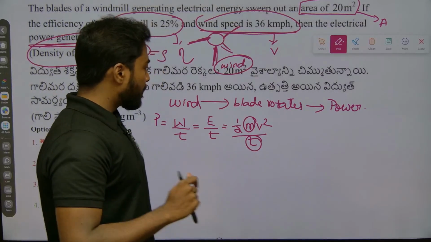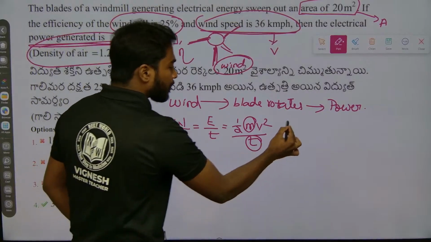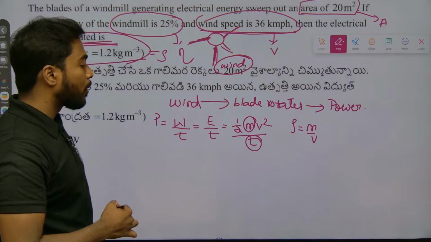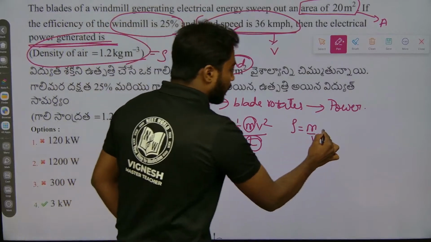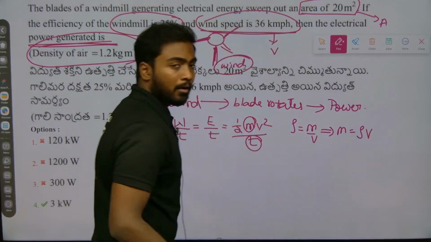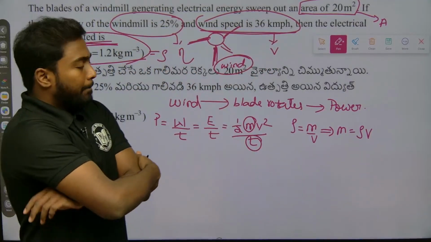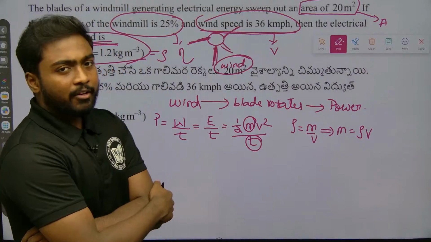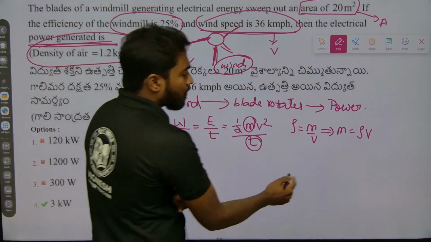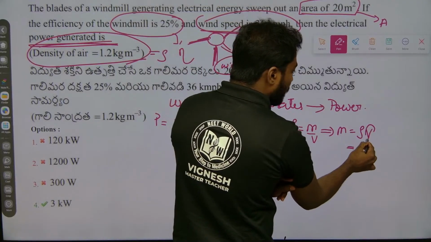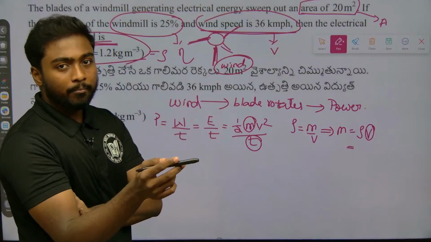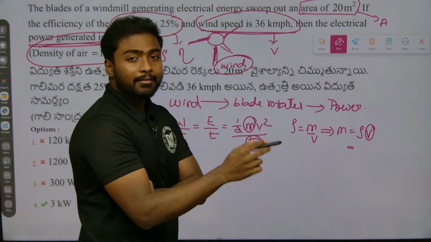See, let me explain. We know that density is equal to mass by volume, so mass is nothing but density into volume. What about the volume? They have given only area, right? Volume is length into length into length, that is L cube, and area is length into length.